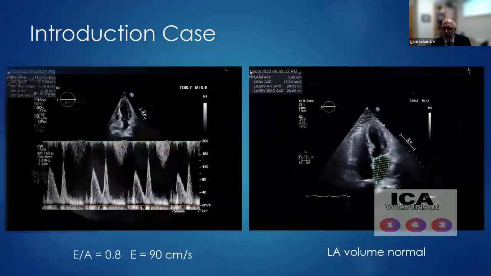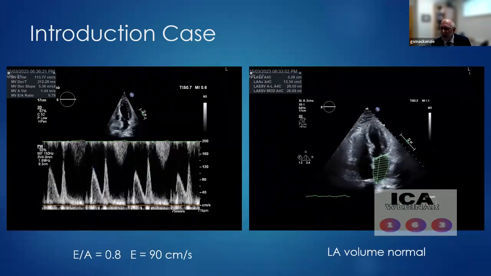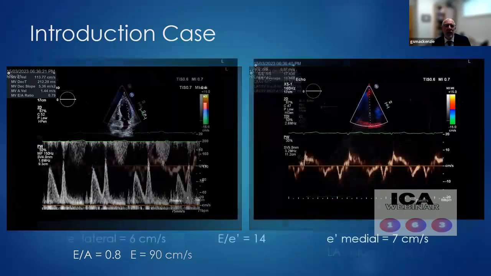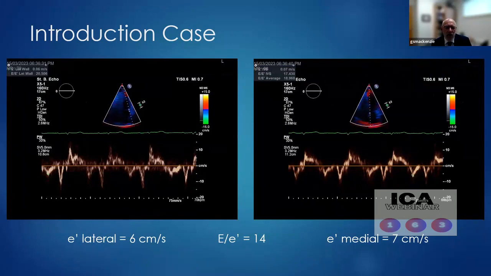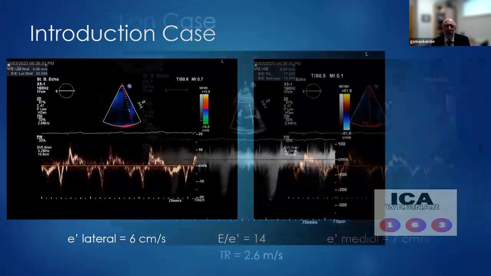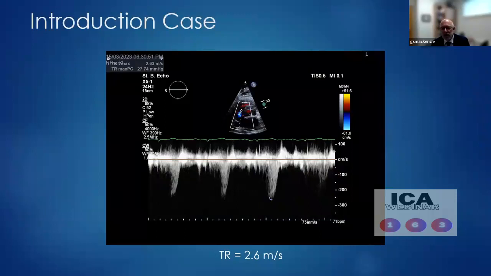You can see that the mitral E to A ratio was 0.8 with an E-wave velocity of 90, and then the LA volume actually measured to be within normal limits. The E to E prime is shown here with both the lateral and medial E primes being measured. The E to E prime was 14 in this particular patient, and the TR velocity, as you can see here, was 2.6 meters per second.